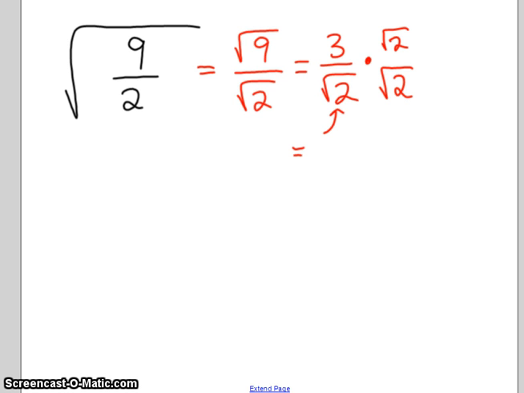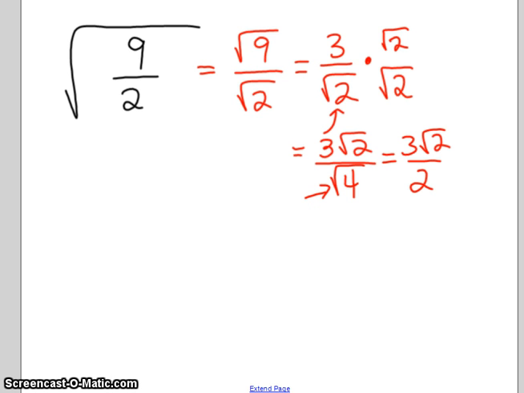Now 3 times the square root of 2 is 3 square root 2. And square root of 2 times the square root of 2 is the square root of 4. What happens here is we end up with a perfect square, and it's basically getting rid of the radical in the denominator.